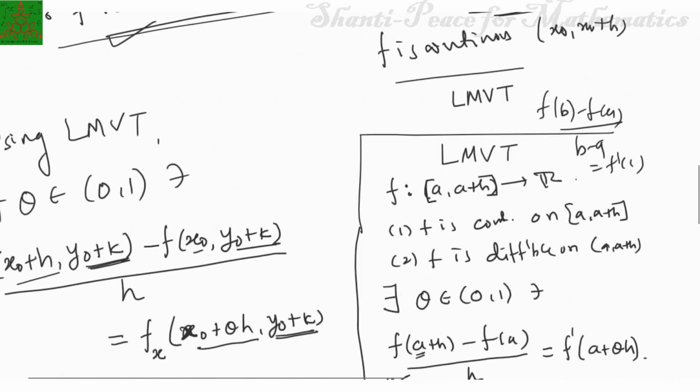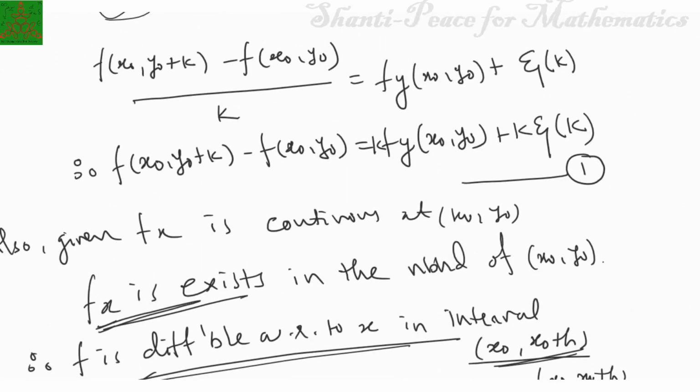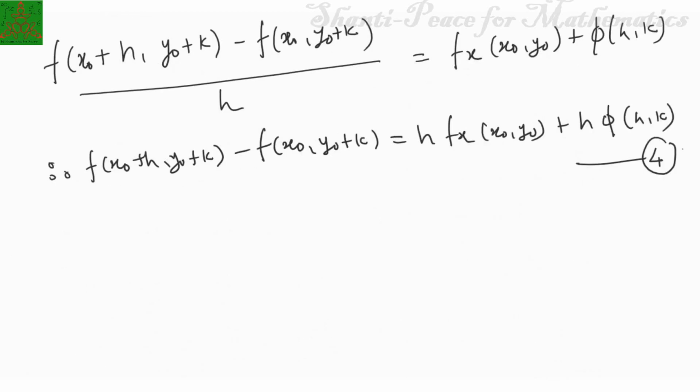So let us see what equation 1 is. Equation 1 is f(x0, y0+k) - f(x0, y0). Now what we'll do is we'll start with f(x0+h, y0+k) - f(x0, y0).